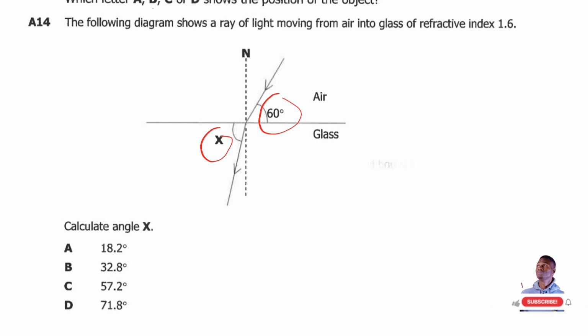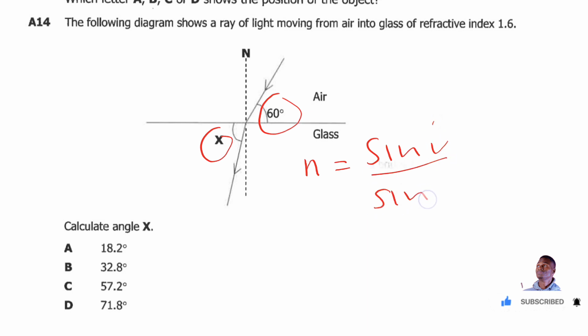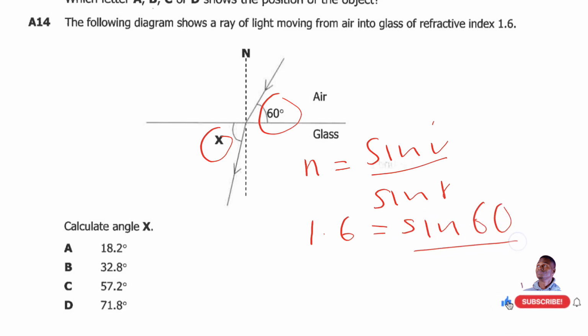The formula is that the constant number, which is the refractive index n, is equal to sine of the angle of incidence over sine of the angle of refraction. Now substitute what you are given: n is 1.6, so 1.6 is equal to sine i, which is 60, so sine 60 over sine r.